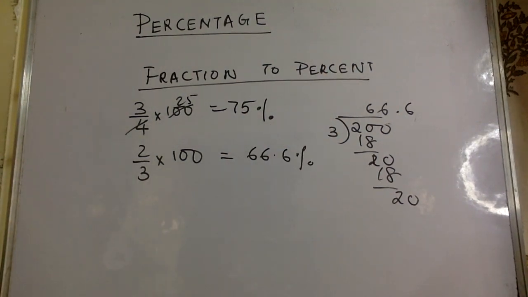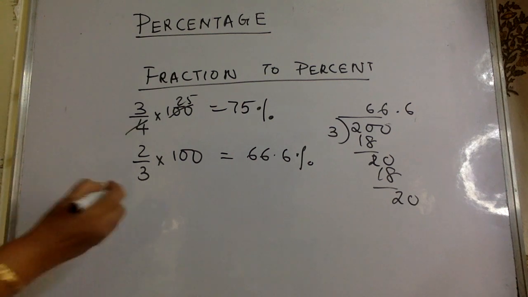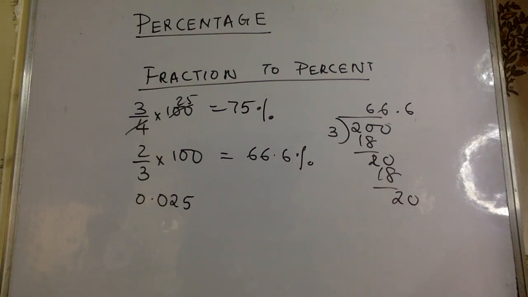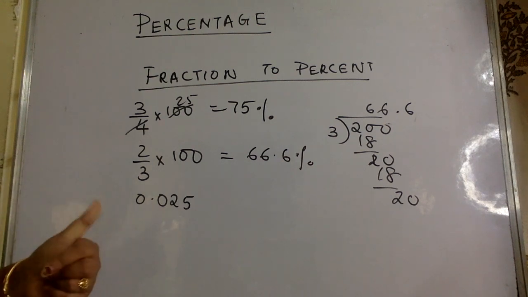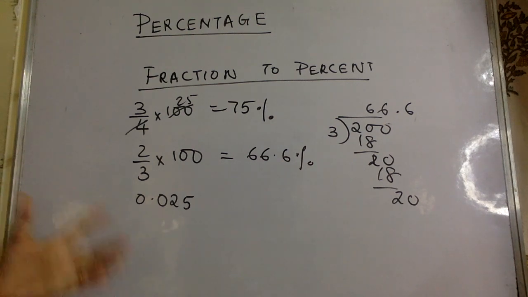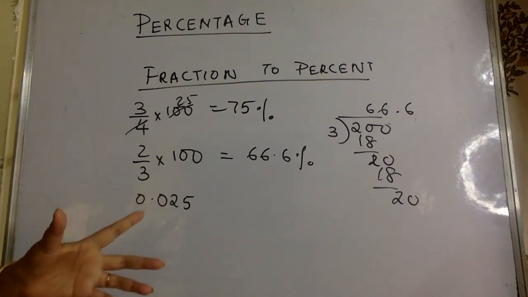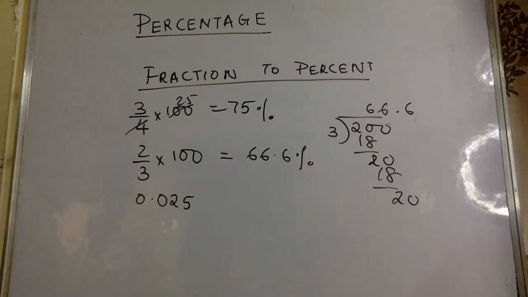Okay, next, if they ask you 0.025, this is a decimal. Should I use the rule of a fraction or not? Remember, decimals are also decimal fractions, a type of fraction. So you can use the same rule as fractions, multiply by 100 straight away. Which fractions are called decimal fractions or decimals?